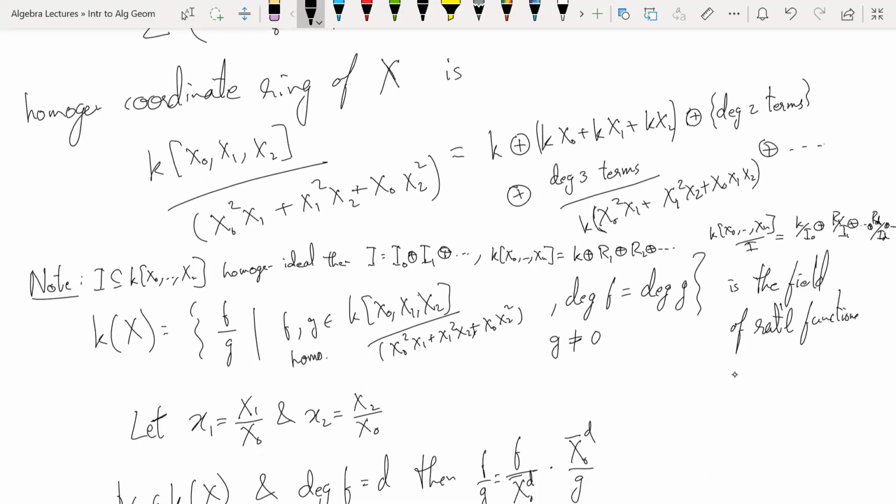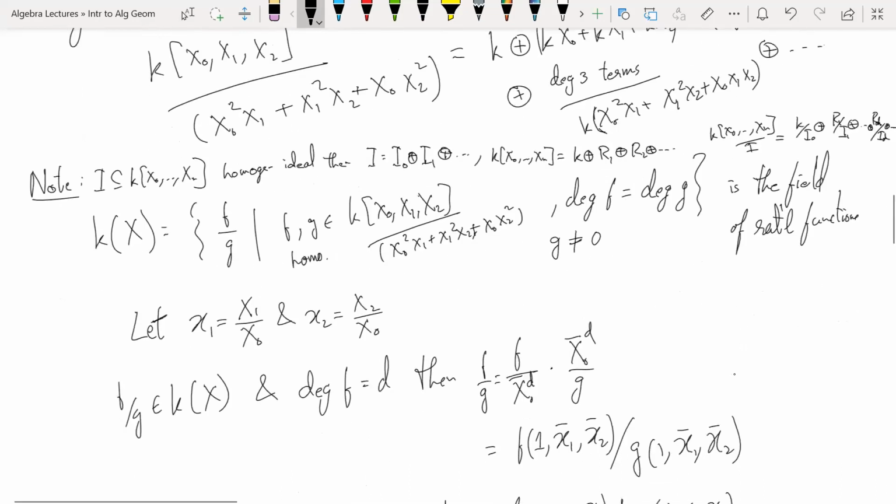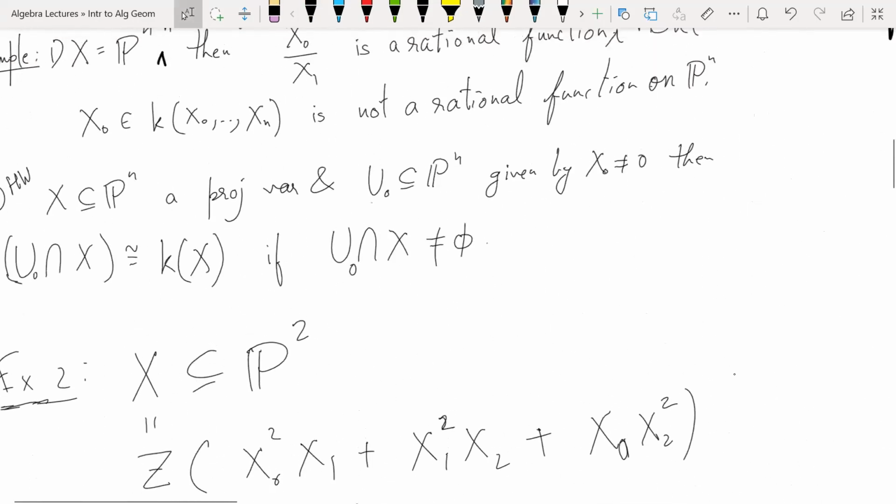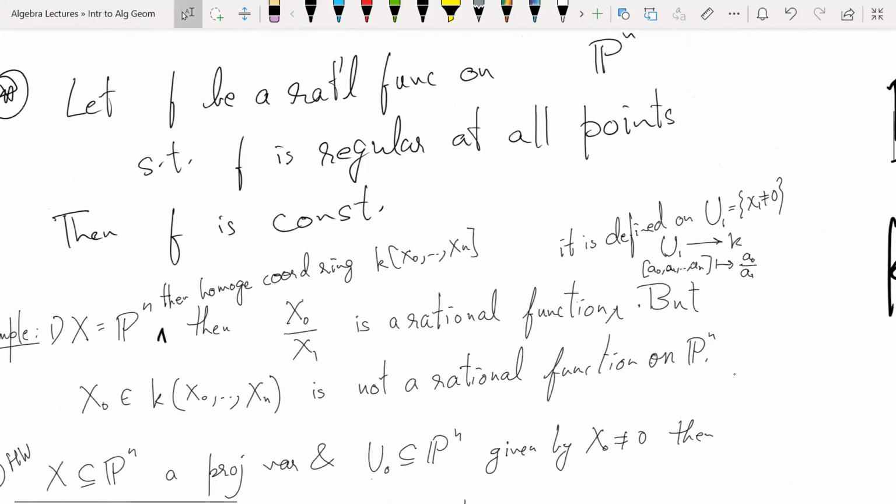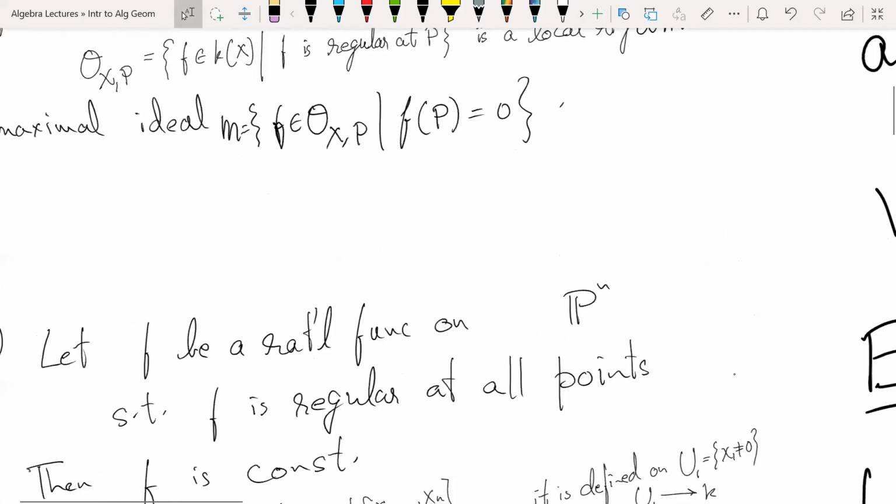So that is the way we want to think about the field of rational functions.